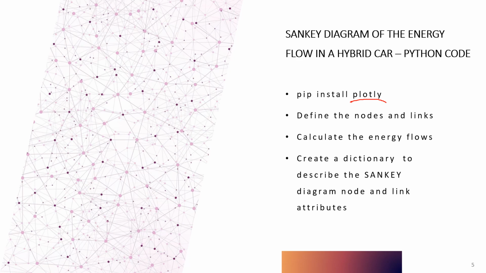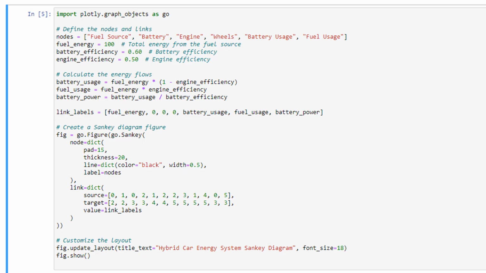You want to make sure that it is installed in your Python, and you define the nodes and the links, and calculate the energy flow. Then you have to create a dictionary to describe the Sankey diagram, nodes, and the link attributes. I'm going to show you how that code will look.